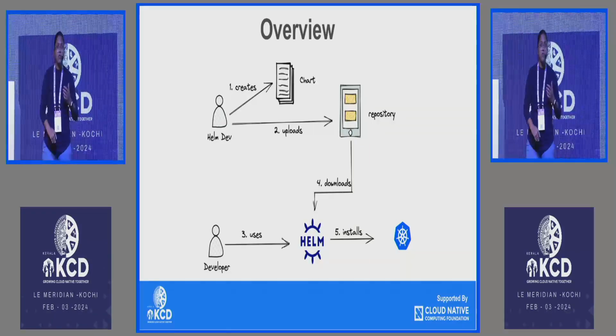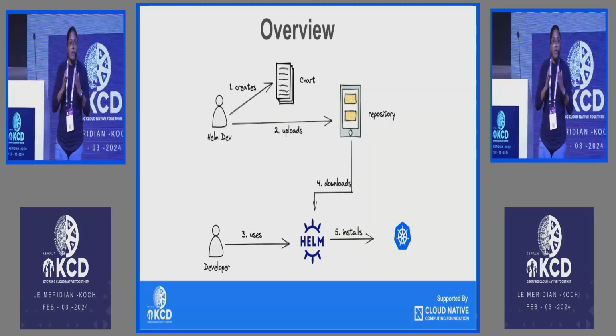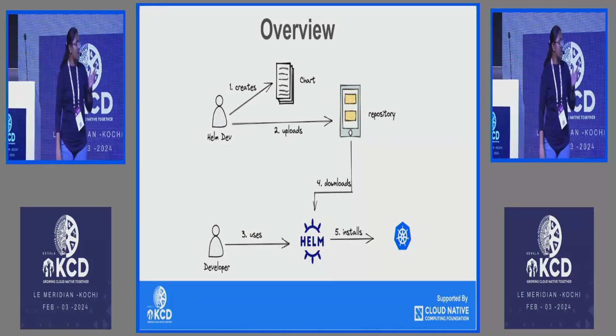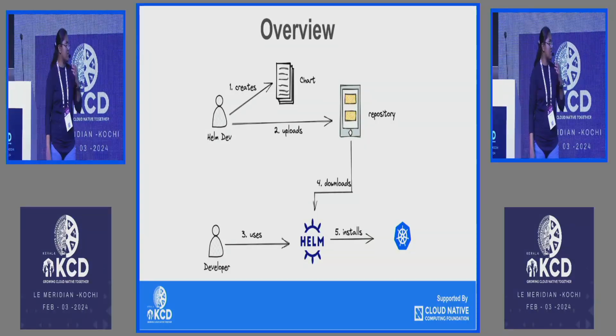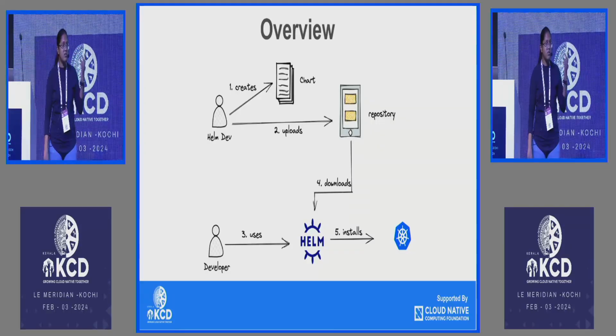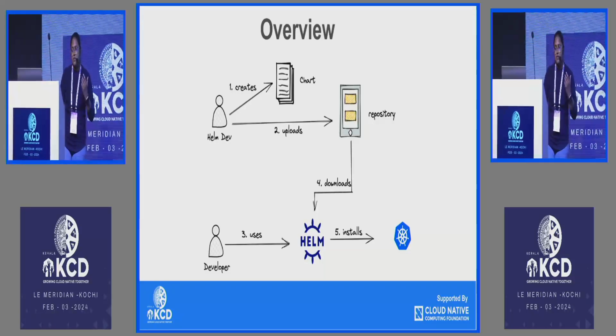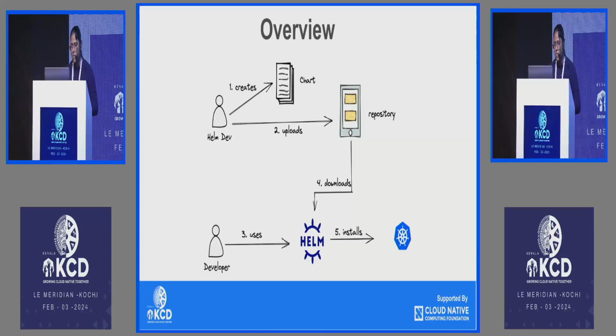The Helm developer writes all the YAML manifest and creates the Helm charts, and they upload it to the Helm repository. The Helm client, which is installed inside the user's system, pulls the Helm charts and installs it in the Kubernetes cluster.